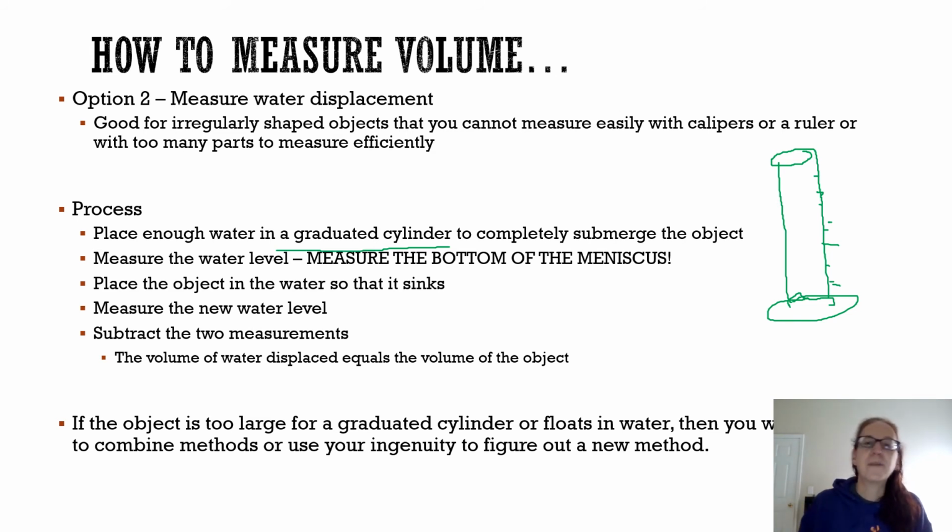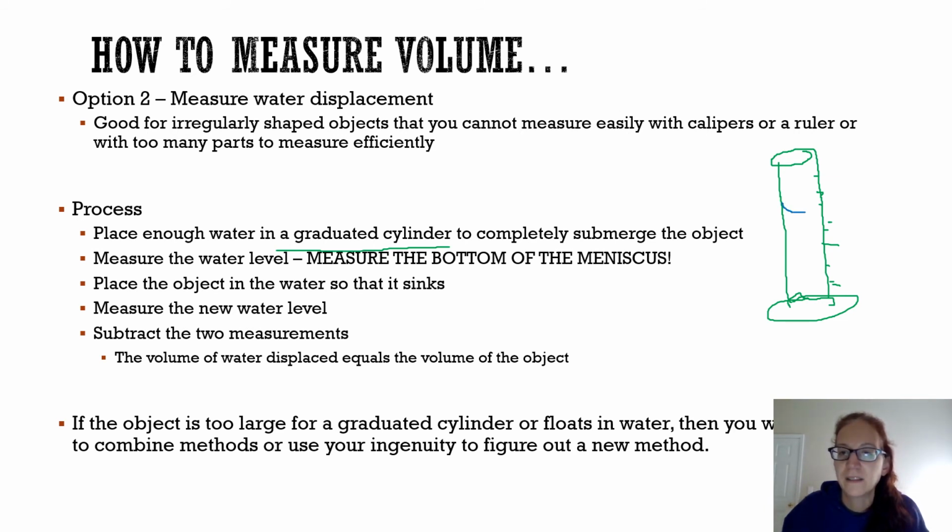So you're going to dump enough water into the graduated cylinder that the object you're measuring the volume of should be able to be completely submerged in it. Then you're going to measure the water level, and you always measure from the bottom of the meniscus. So what is the meniscus?